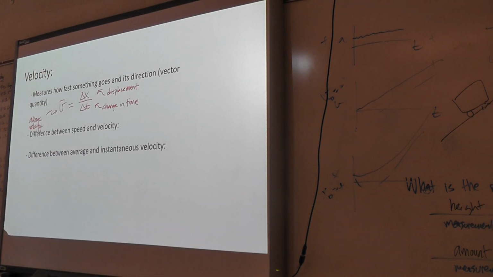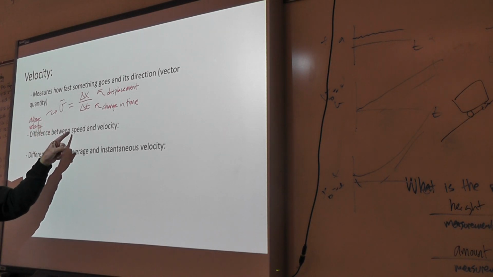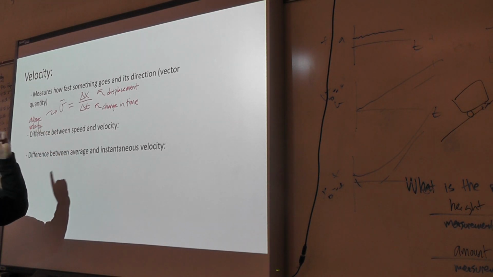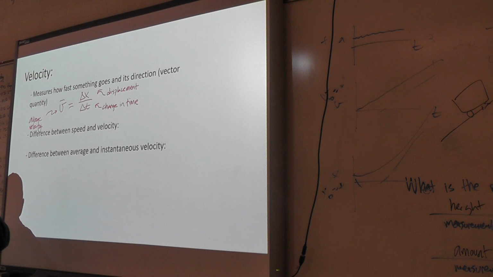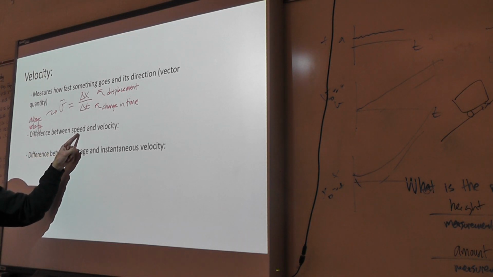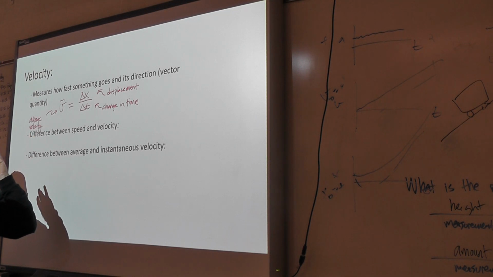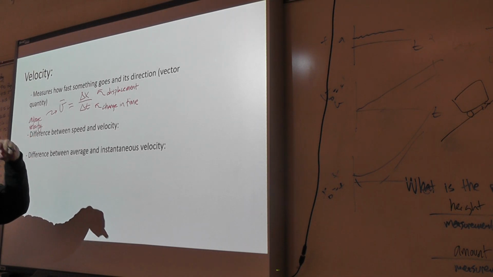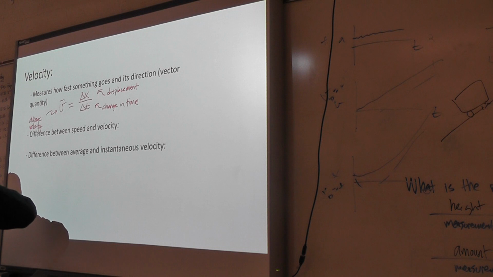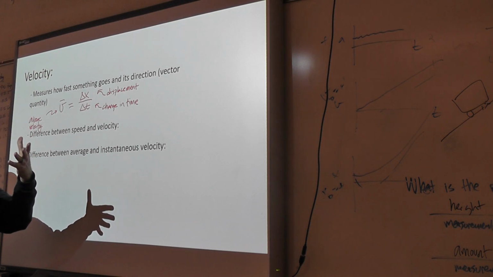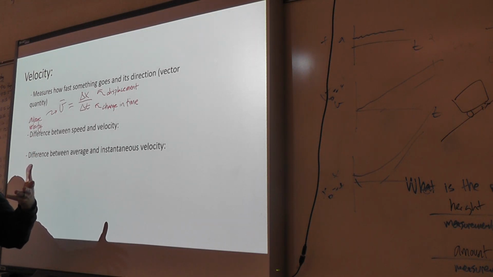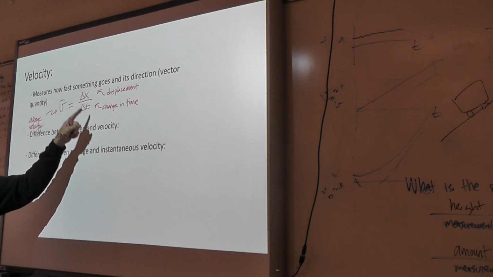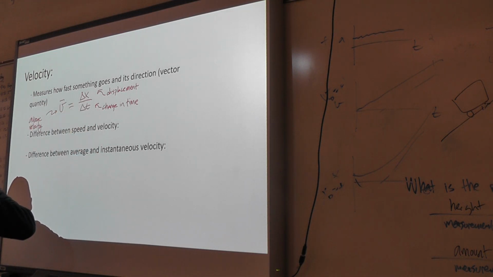And just like with distance and displacement, this can get weird if an object is moving back and forth or moving in a circle. Because when we think about speed, what we want to know is how fast is something going. And as something speeds up and slows down, as long as it's moving the whole time, speed wasn't zero. But with velocity, you could potentially have a displacement of zero.